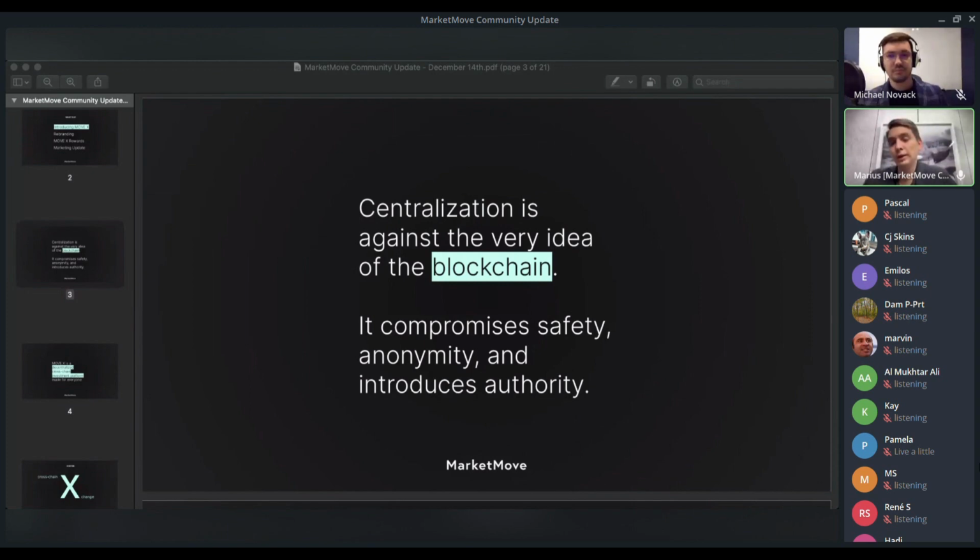While we don't want to be idealistic, because the world isn't ideal, it has some practical implications. Most importantly, it compromises safety and anonymity, and introduces an authority which can decide what happens to your funds, to your money. And why is this a big thing?